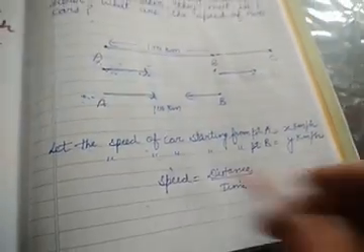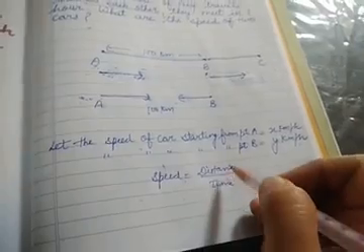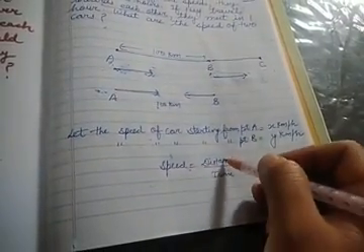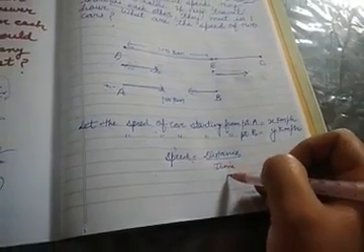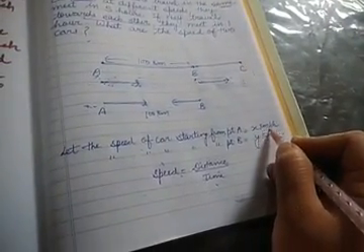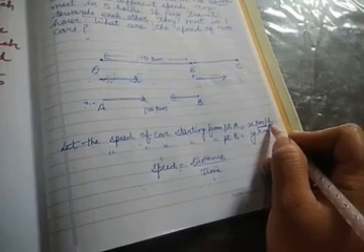In this question, you know one formula: speed equals distance upon time. Some students have confusion about whether speed is distance upon time or distance is speed upon time, and sometimes they make this mistake. You can remember it this way: speed is always in units like kilometer per hour or meter per second.